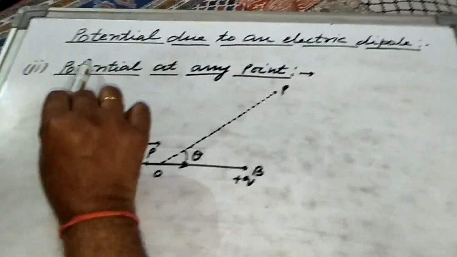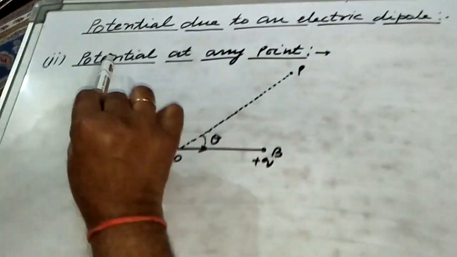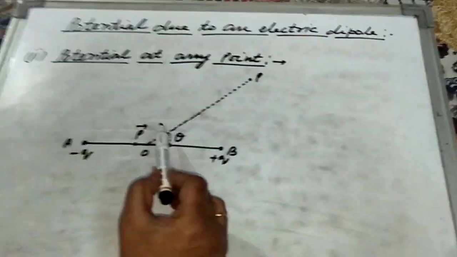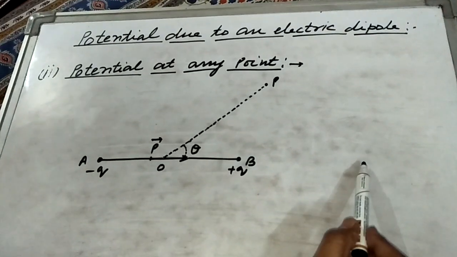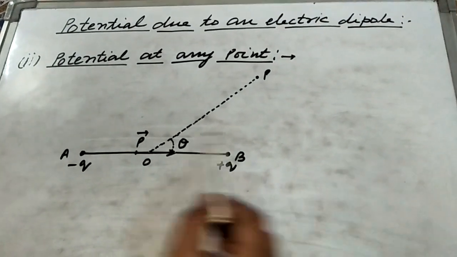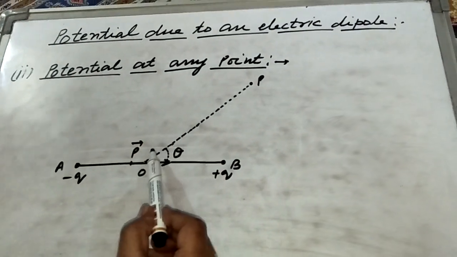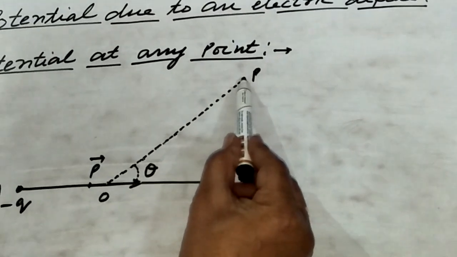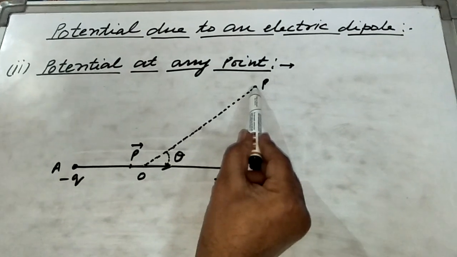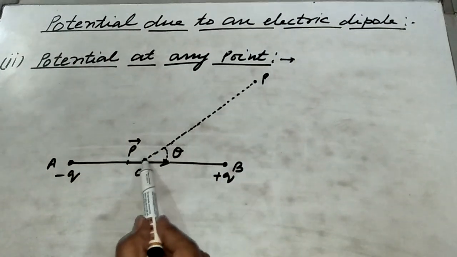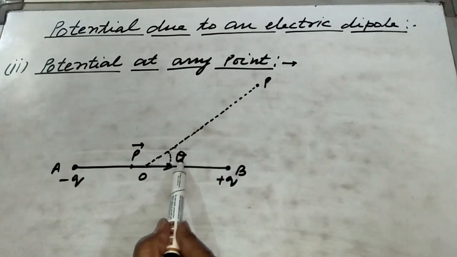Now the third case is potential due to an electric dipole at any point. Here any point means there is no compulsion of the end-on position, the axis, or the equatorial line. Here I am taking, let P be a point, and the line joining the point P from the axis of the dipole makes an angle theta.